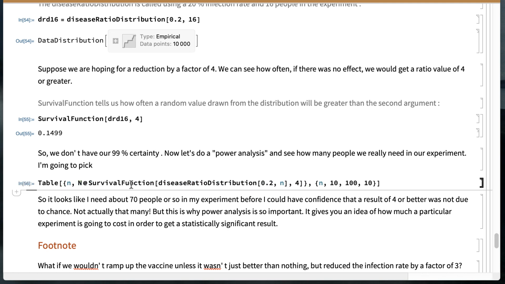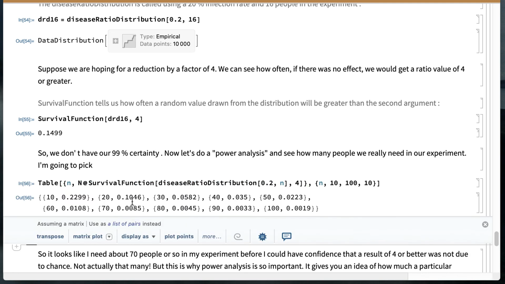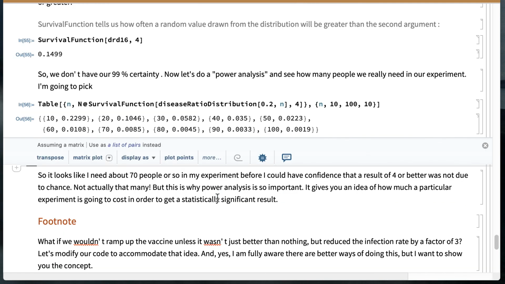And when I do that, it looks like at around 60 people we're a little less than 99%, but at 70 people we're getting to 99% certainty. As we get up to 100, we're getting even more confident. And so it looks like I need about 70 people in my experiment before I would have any confidence that a result of 4 or better was not due to chance.